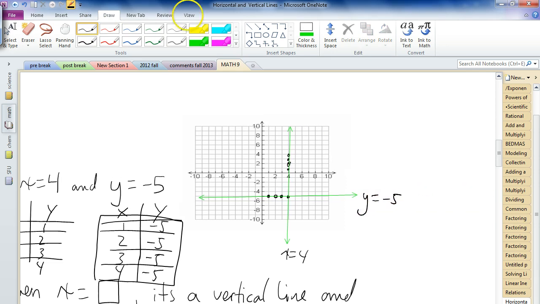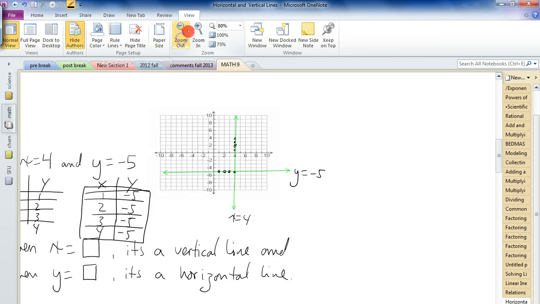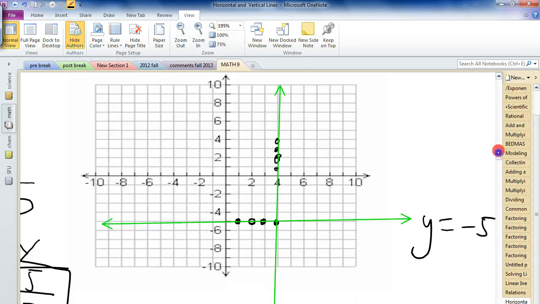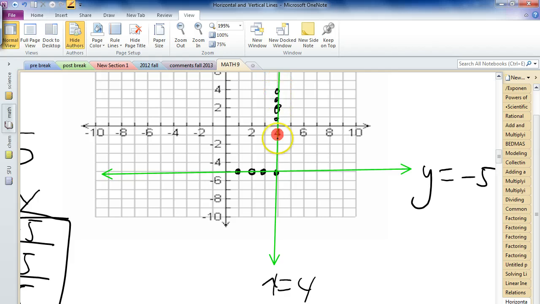So what have you noticed about the ones that... There it is, I'll just zoom in so you can see it better. X equals 4 looks like that. Y equals -5 just looks like a horizontal line.